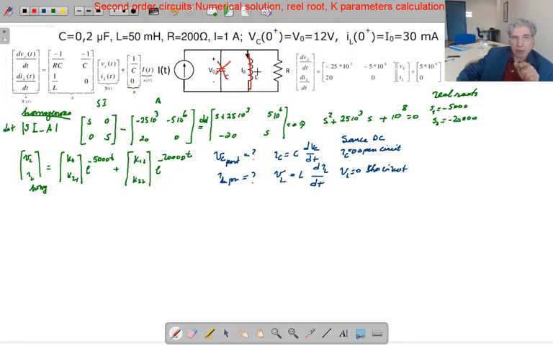The voltage of this inductor is also the resistor voltage. Definition relation is V equals R times i. If the voltage is 0, then current is 0. If both of them are 0, we already explained that this is going to be open circuit as well. So conclusion is this.